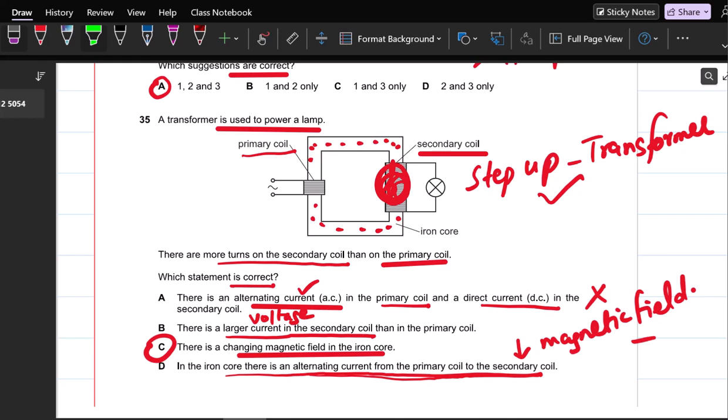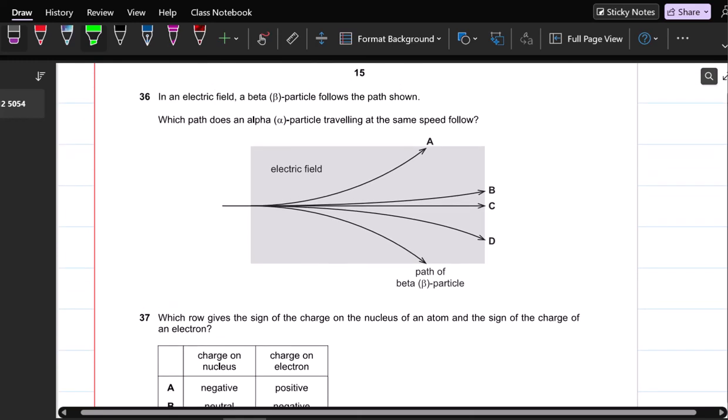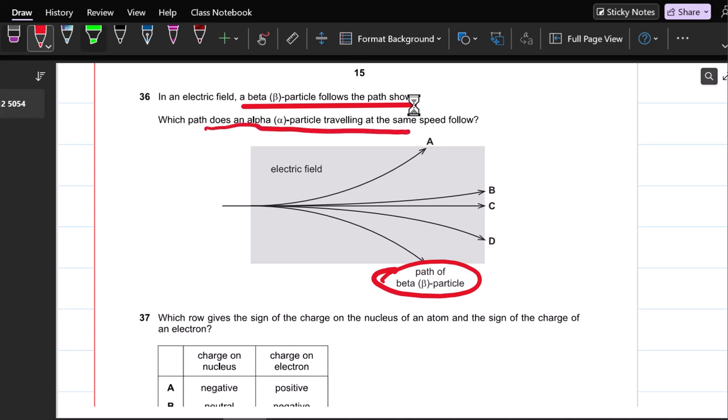So moving towards the next question, question number 36. In an electric field, a beta particle follows the path shown. So this is the beta particle, which is the path shown here. Which path does an alpha particle traveling at the same speed follow?